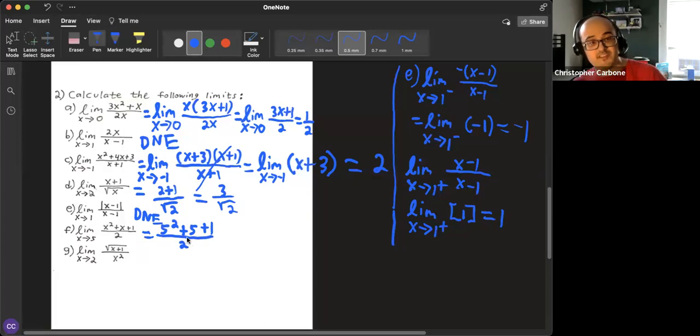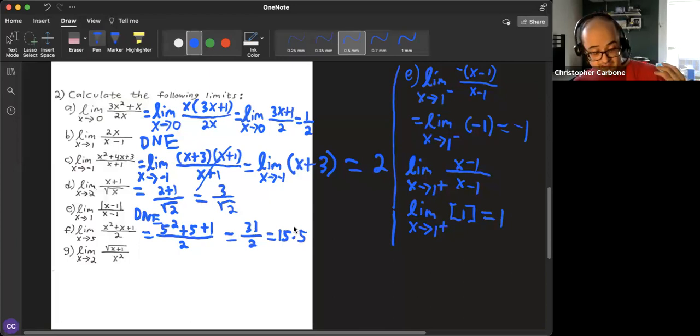So 25 plus 5, that makes 30, plus 1 is 31, divided by 2. That's a fraction. I'll just write it as 31 halves, or as a decimal, 15 and a half, 15.5.